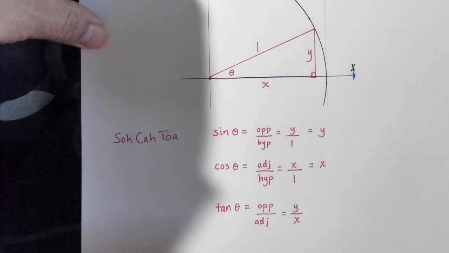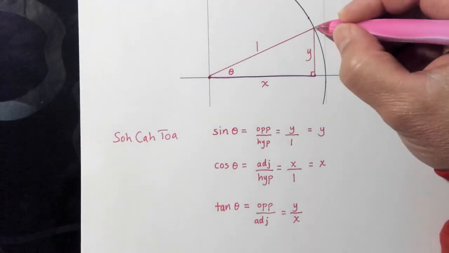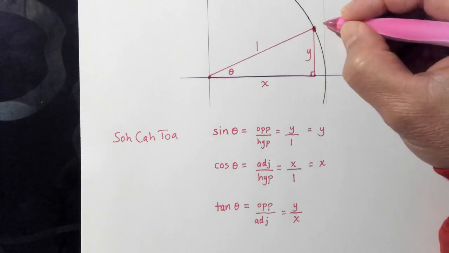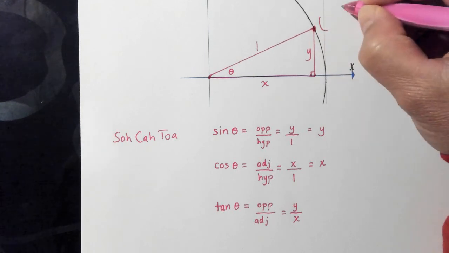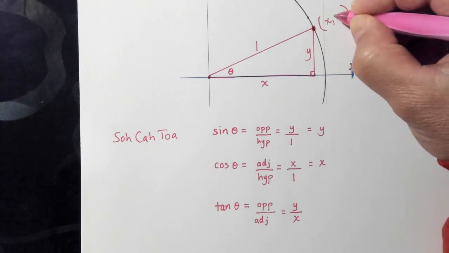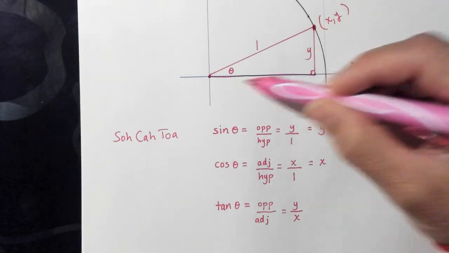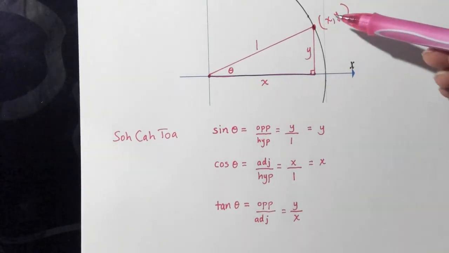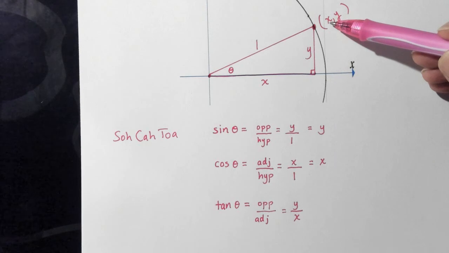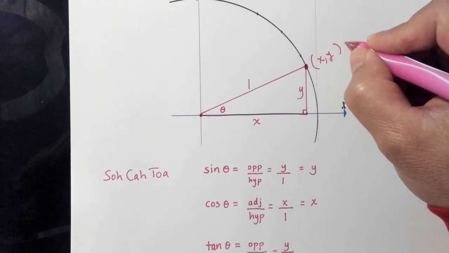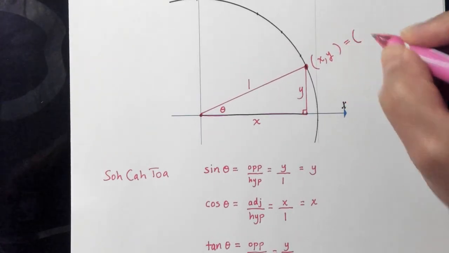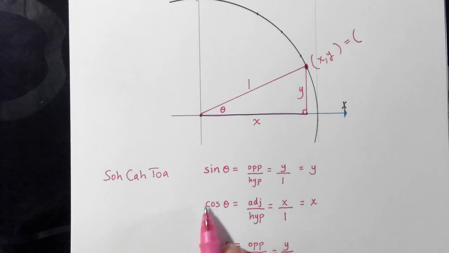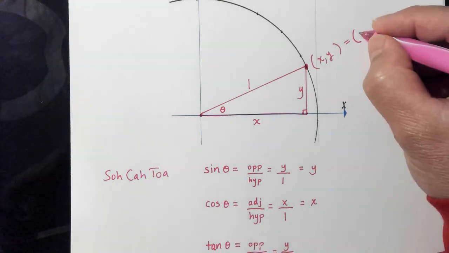So, if I ask you what the coordinates of this point are, you could say x comma y. And you would not be wrong. X comma y. And I can replace the x with something that is equal to it. What's x equal to? X is equal to cosine of theta.